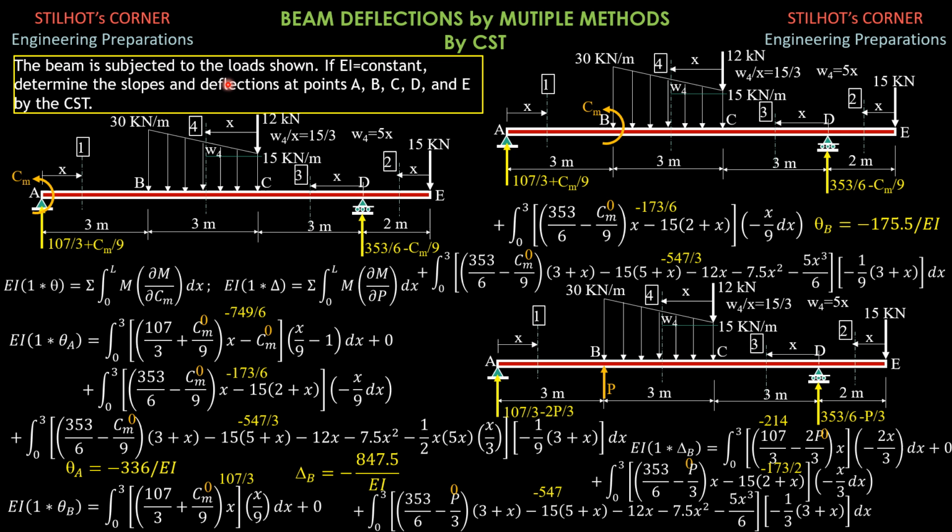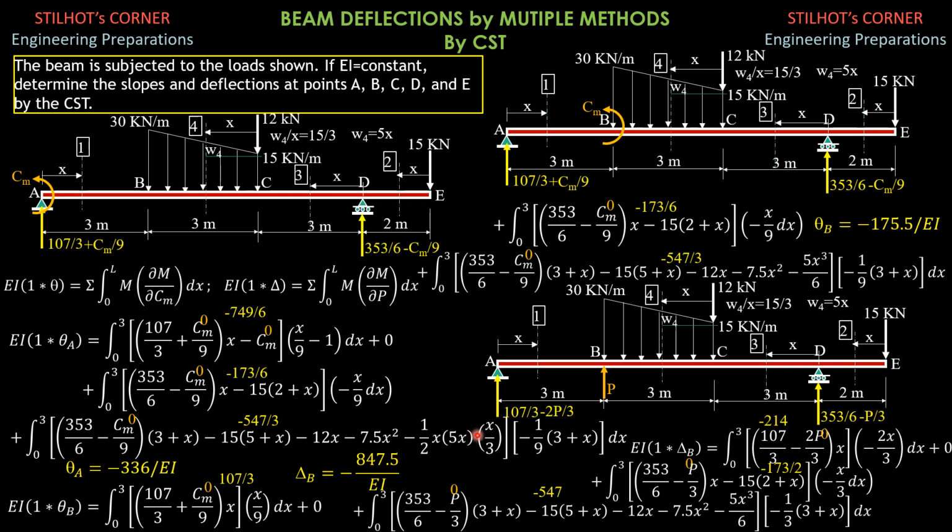Then lastly, for section 4, we have the integral from 0 to 3 of 353 over 6 minus C sub m over 9 times quantity 3 plus x, then minus 15 times quantity 5 plus x, minus 12x, minus 15x times x over 2, or 7.5x squared, minus 1/2 of W4 times x, W4 moment arm x over 3.